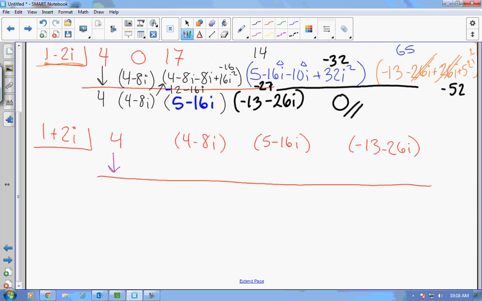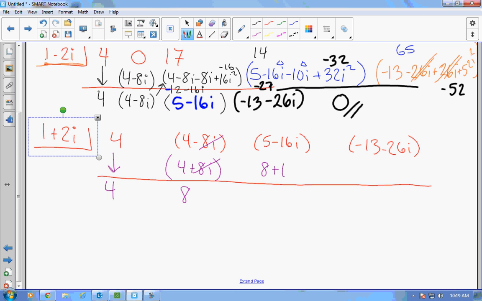Okay, bring the 4 down. Times it, we get 4 plus 8i. Oh, that's nice. Look how nice that is. Because what happens? The i's cancel and we get a real number 8. Oh, that's pleasant. We multiply the 8 by our complex number, we get 8 plus what? 16i.